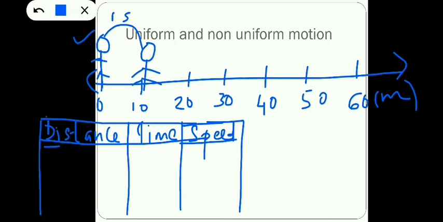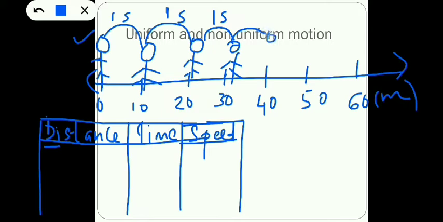Now, after another 1 second, let the boy be here at 20 meter. After another 1 second, let the boy be here at 30 meter. After another 1 second, let the boy be here at 40 meter.